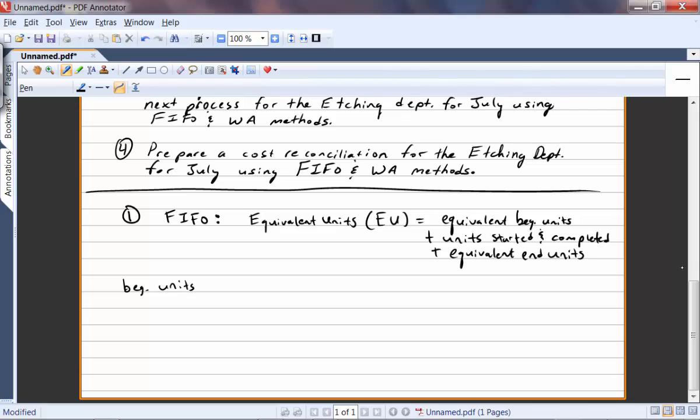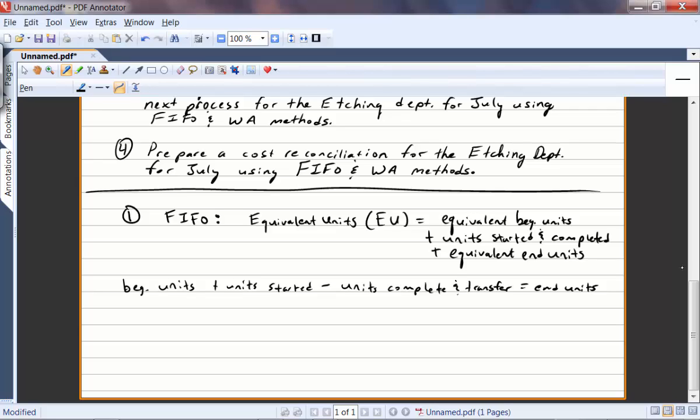How many units there are at the beginning, plus the units that you start this period, minus the units that you complete and transfer out, has to be equal to the ending units. So hopefully that makes sense. The units there at the beginning plus the units you start minus the units that go out has to be equal to whatever's left.